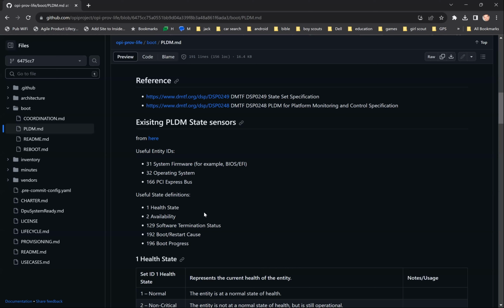So I could say for the OS, the termination status is termination detected, right? And this is where the NIC model helps, because just having entities and having states doesn't, it's when you combine the two that you define what that really means.